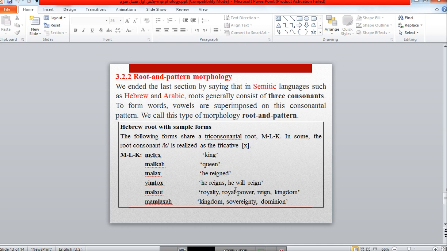Referring again to the box above, in Hebrew grammar, melech, for example, is called a kind of noun. The other words, with different meanings, we can produce according to different patterns on these three consonantal roots.